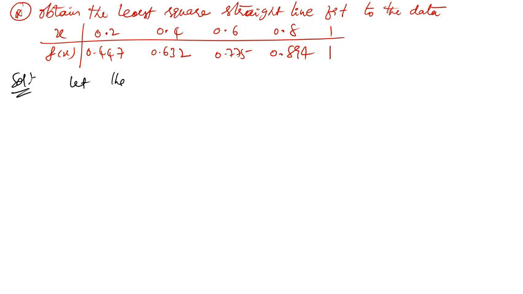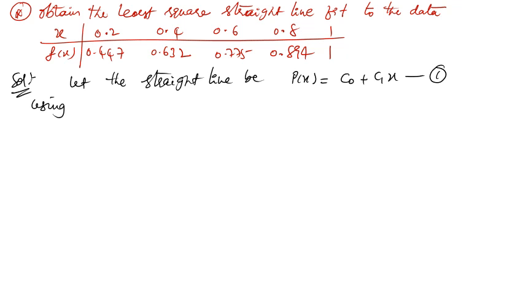Let the straight line be p of x equal to c0 plus c1x, equation 1.